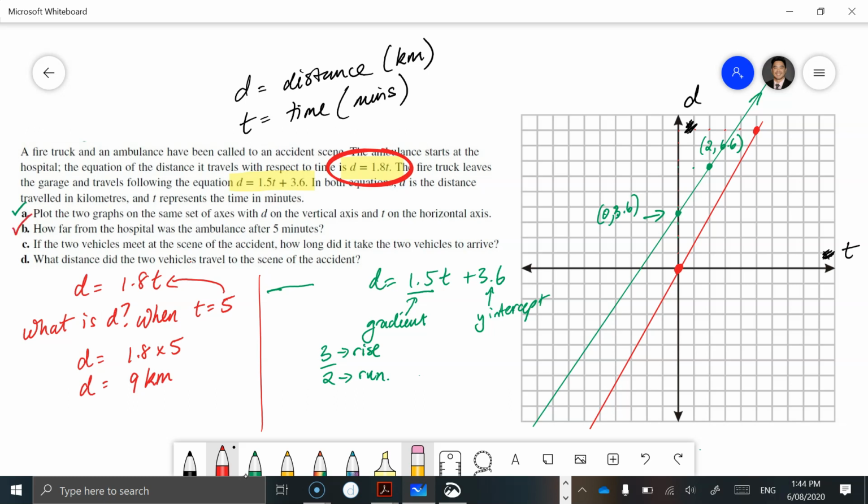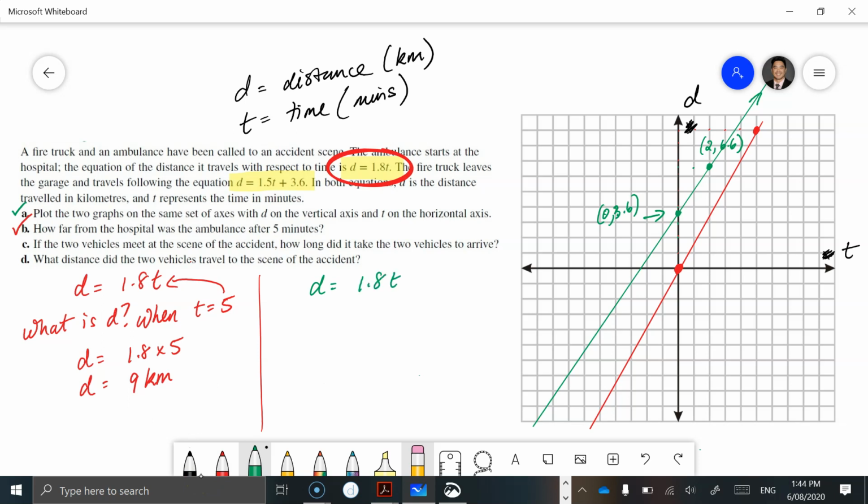If the two vehicles met at the scene of the accident, how long did it take for the two vehicles to arrive? Okay, what distance did the two vehicles travel to the scene of this accident? So this is where we get a little bit creative here. We are working with decimals, not numbers that we're comfortable with. But if I rewrote the two equations, we got D is equal to 1.8T and D is equal to 1.5T plus 3.6.